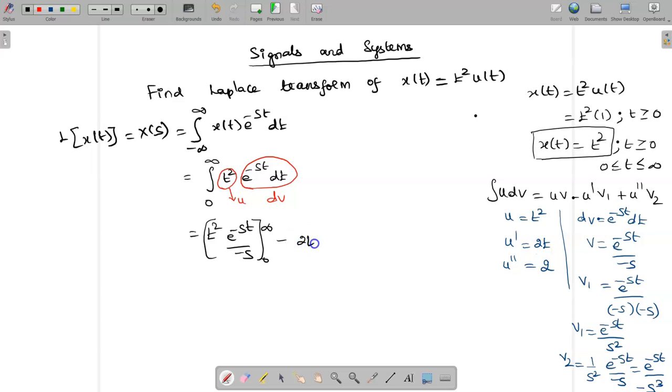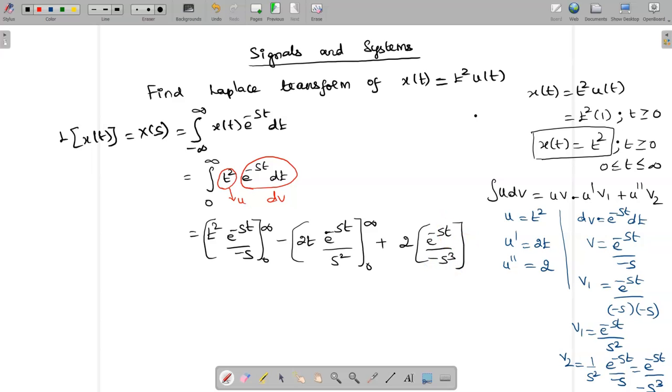U dash is 2t. And what is v1? V1 is e power minus st divided by s square. Again substitute the limits 0 to infinity. And the next term is plus. What is u double dash? U double dash is 2. Okay. And then v2. v2 is e power minus st by minus s cube.